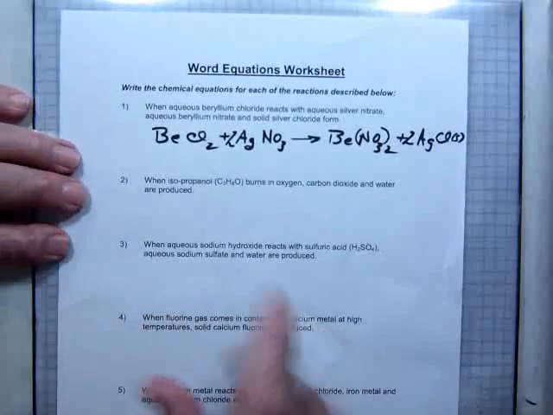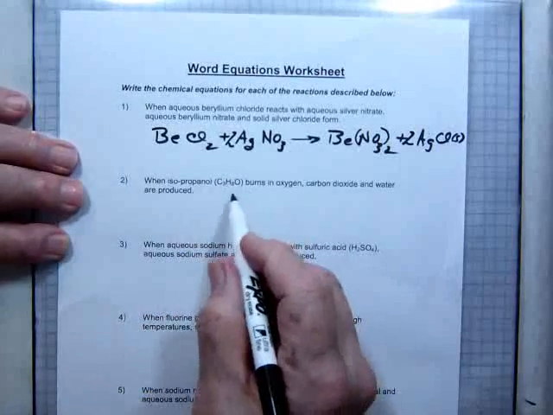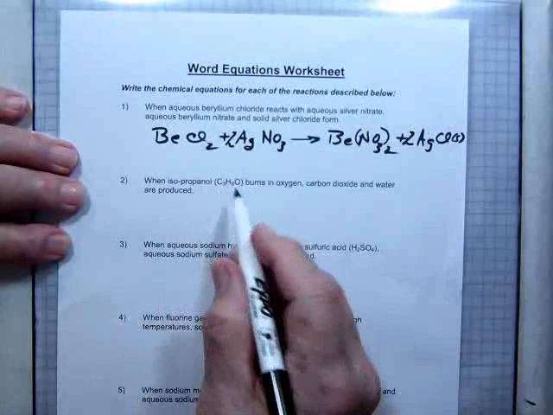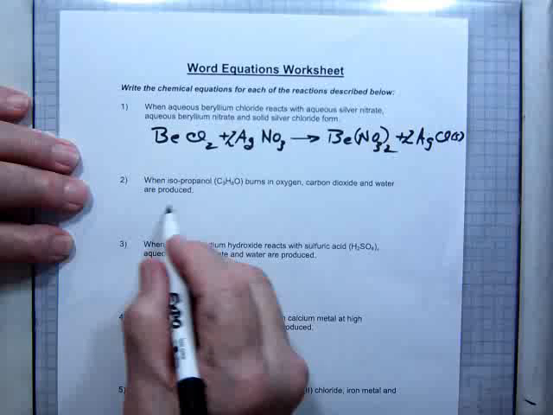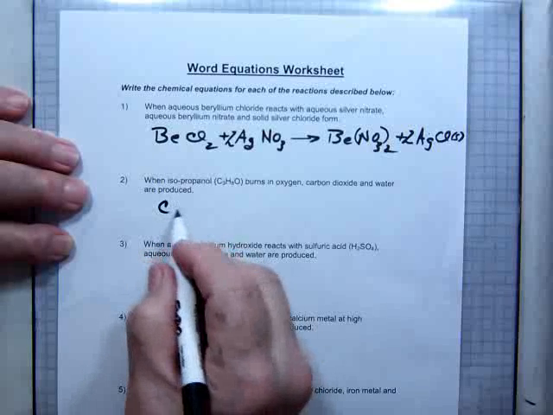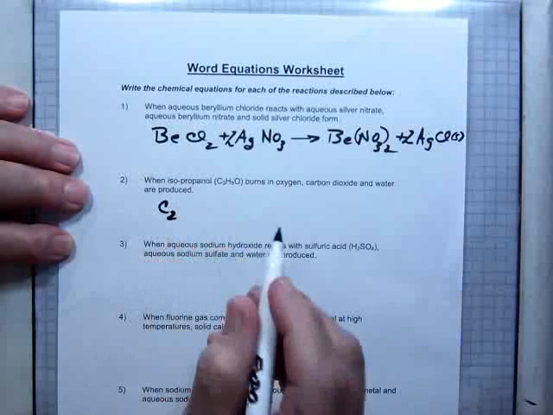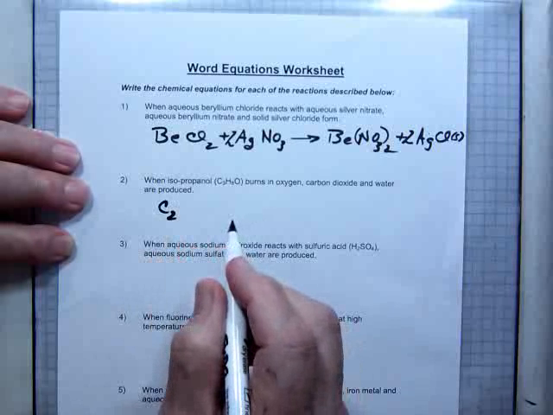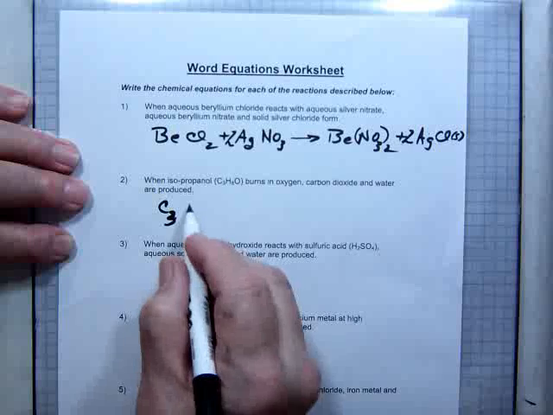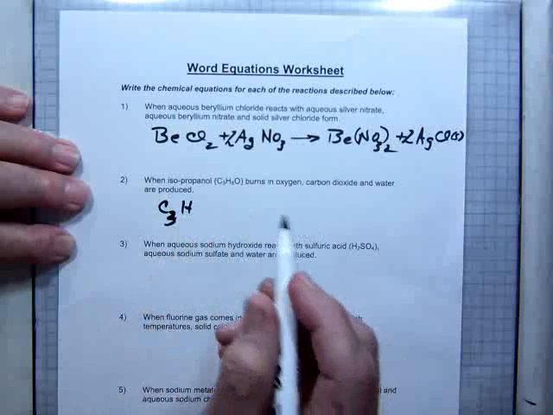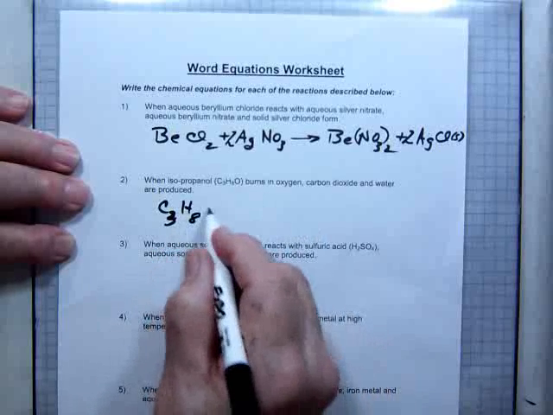When isopropyl alcohol, that's C3H8O, I'm going to write that a different way. C3H7OH, we'll go ahead and write it his way.